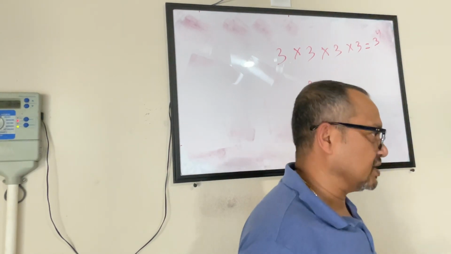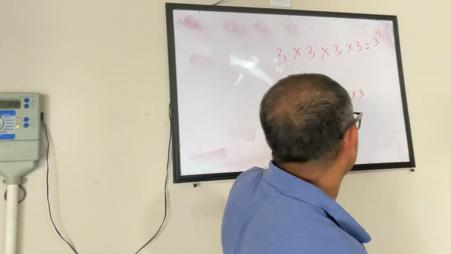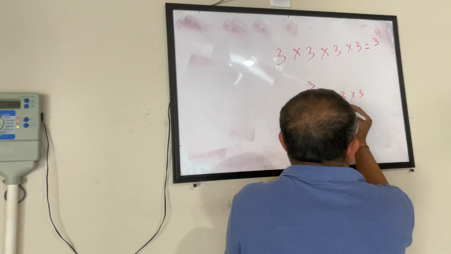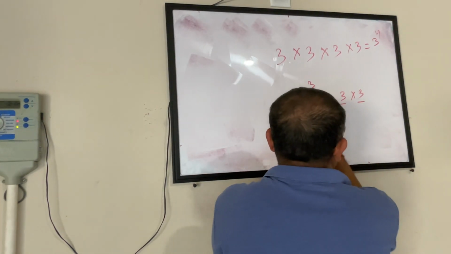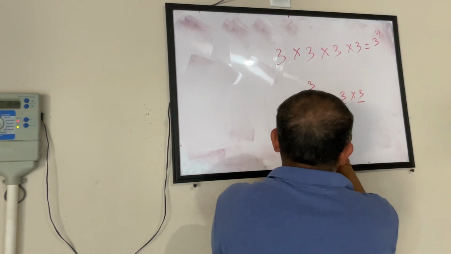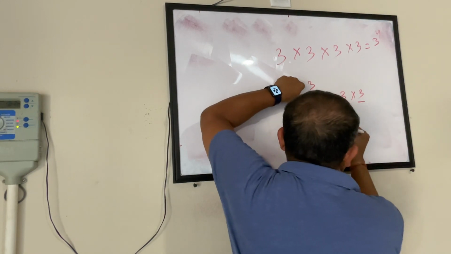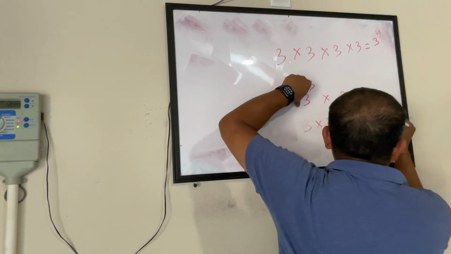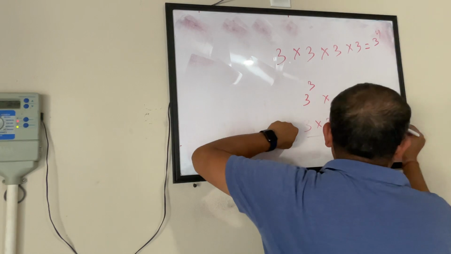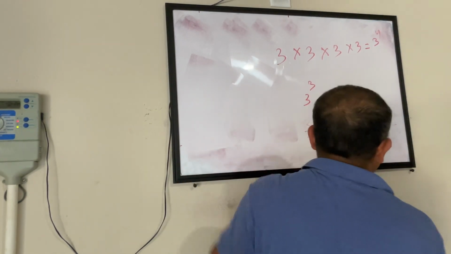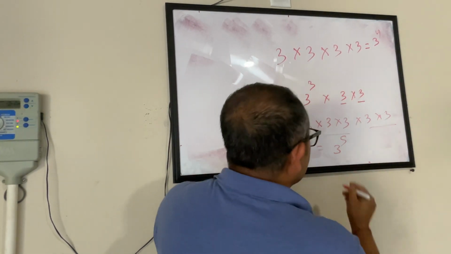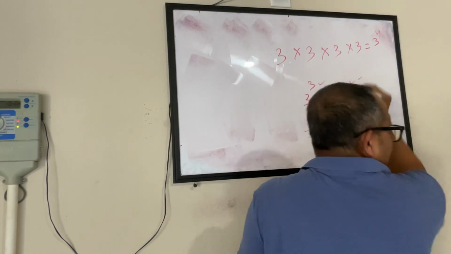What I will do is just break it down. 3 to the power 3 is 3 into 3 into 3, and then I have this. I am multiplying 3 five times, that is 3 to the power 5. Essentially what you are seeing here is that the power is getting added.